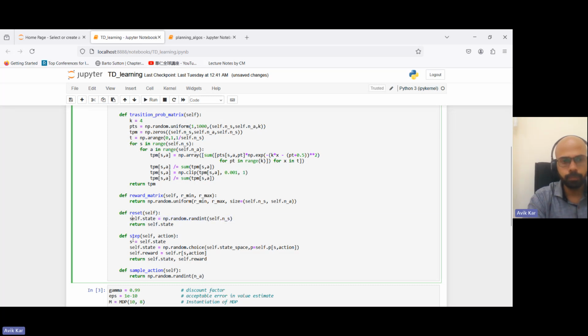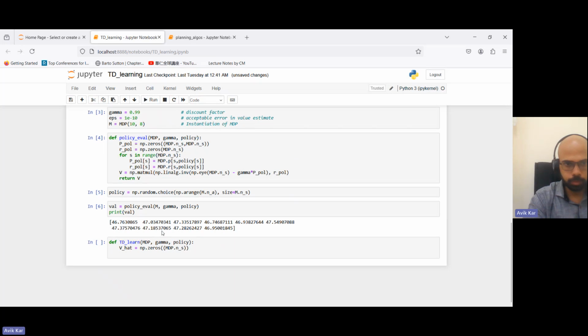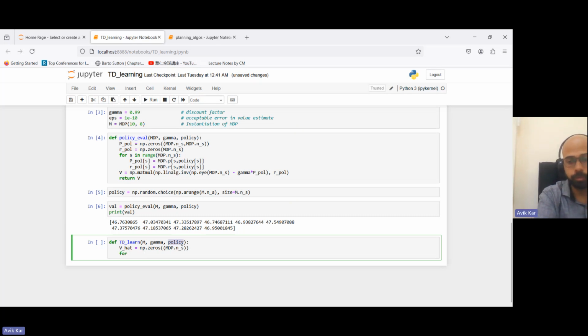And then you take every step at every time, and you pass to the step function the action. So we have a horizon as well, so some capital T, for t in range capital T.